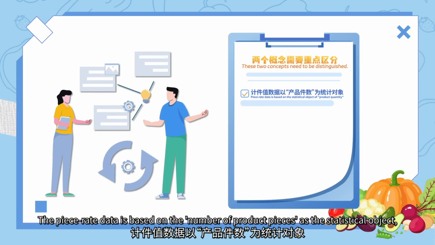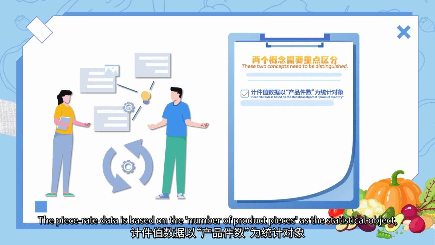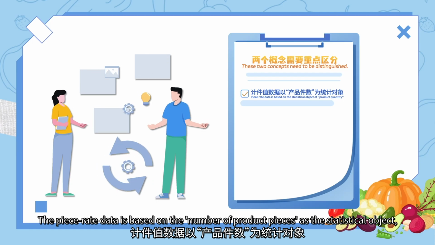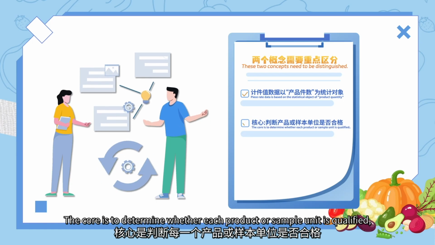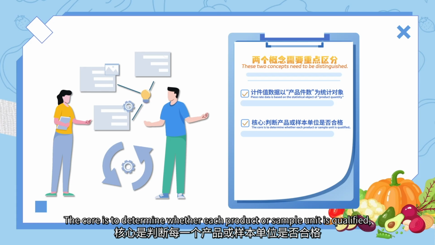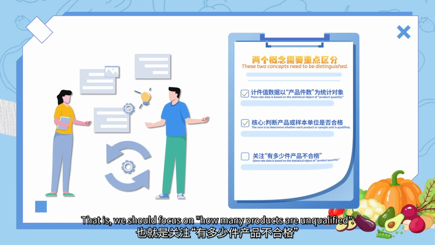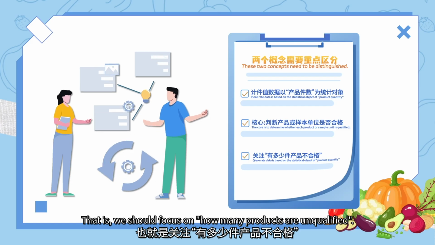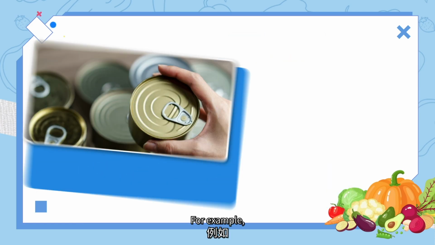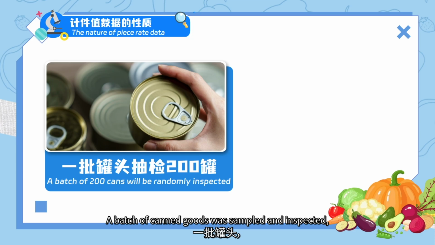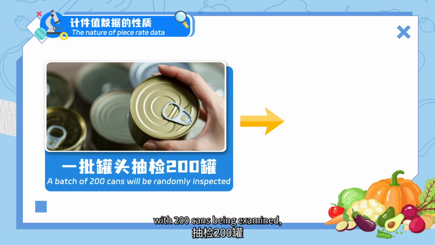The piece rate data is based on the number of product pieces as the statistical object. The core is to determine whether each product or sample unit is qualified. That is, we should focus on how many products are unqualified. For example, a batch of canned goods was sampled and inspected, with 200 cans being examined.